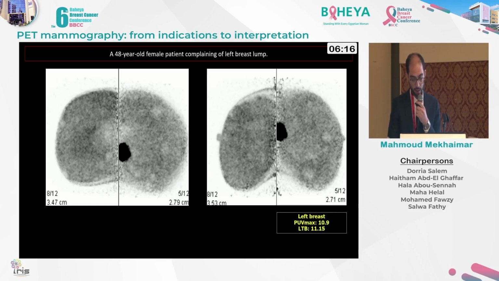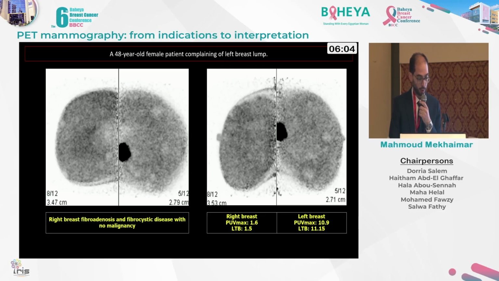The left breast lesion reads SUV max 10.9 with LTB 11.15, while the right non-mass shows SUV max 1.6, the LTB 1.5. Pathology from the right breast using VAB technique was done and showed right fibroadenosis and fibrocystic disease with no malignancy.